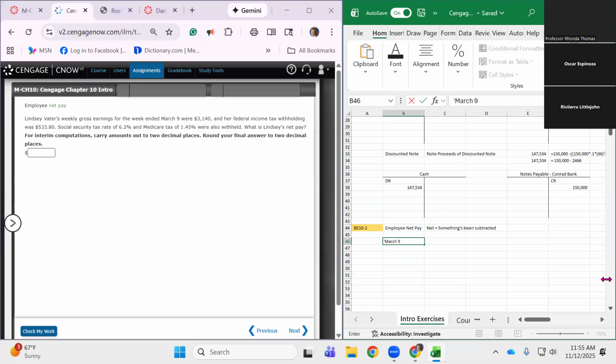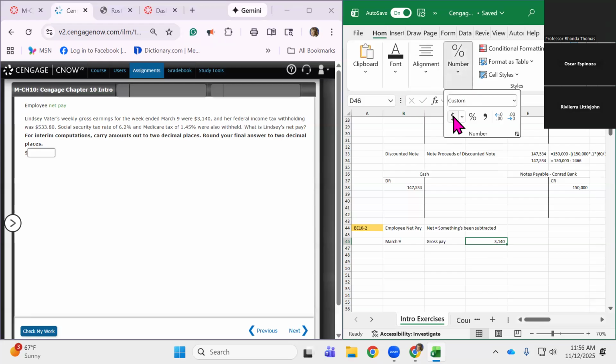Overtime is usually time and a half of your hourly pay once you've worked 40 hours in a given work week. All right, my gross pay is $3,140. Now we're going to pull some things out before we get our net pay.